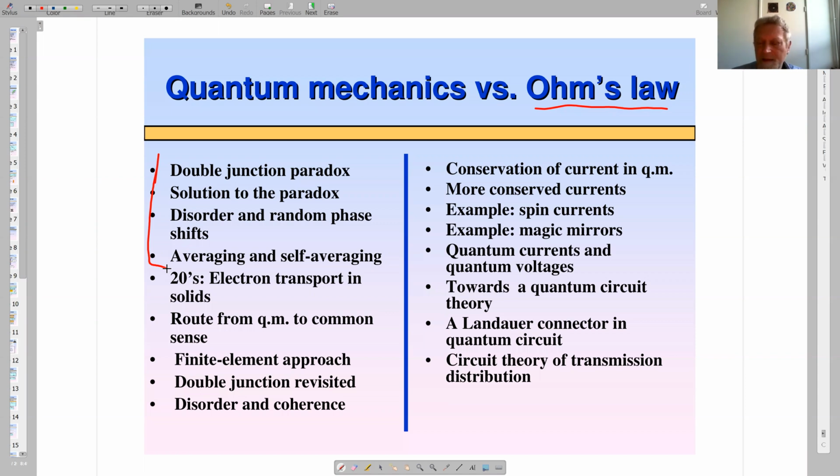Right. Next topic, which I feel myself obliged to talk something about. It's by this time a rather old-fashioned description of the transport. Namely, how do we describe electron transport in bulk solids?